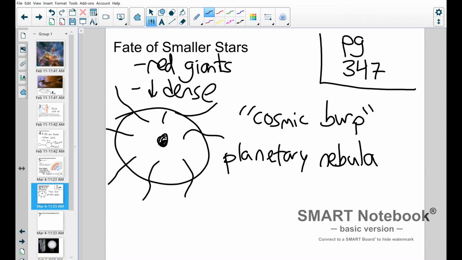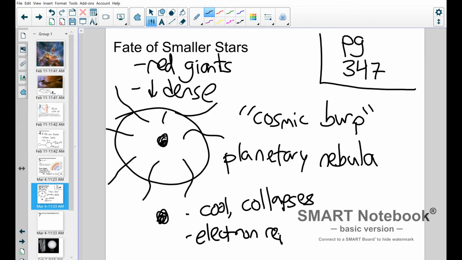So this core left behind, no more fusion is happening in it. The remnant does cool and it collapses, just like the whole star did when each stage of fusion was over. And eventually it reaches a point where the electrons repel each other and that keeps it from collapsing any further.